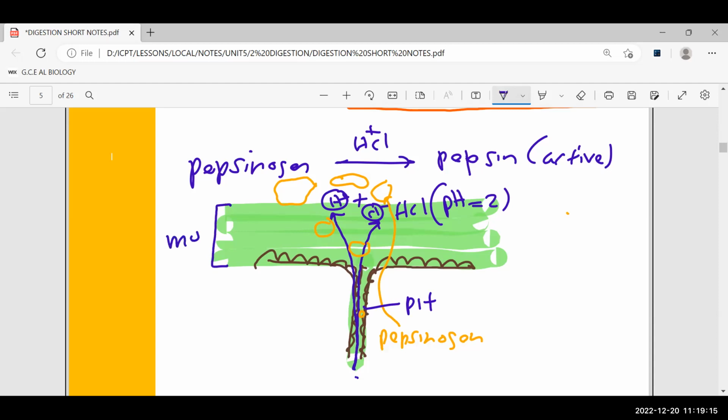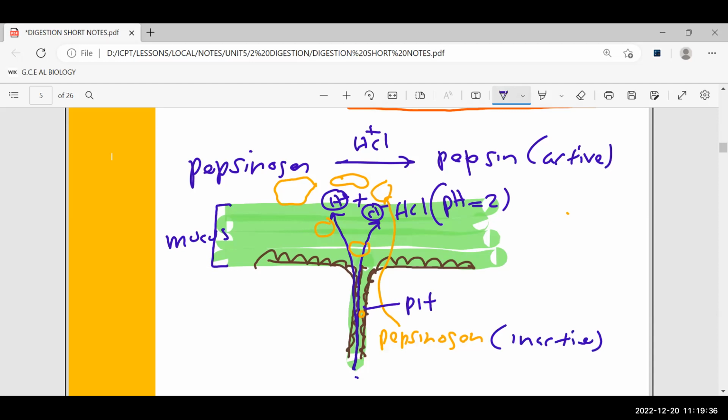These cells can be damaged because they don't have a good mucus layer. On the surface, we have a good mucus layer. The surface is protective. That's why hydrogen and chloride ions move up, and when they have enough, they make hydrochloric acid. The pepsinogen is also inactive.